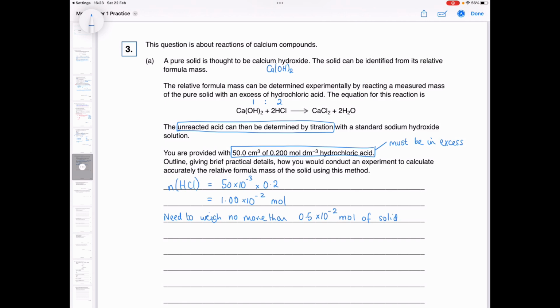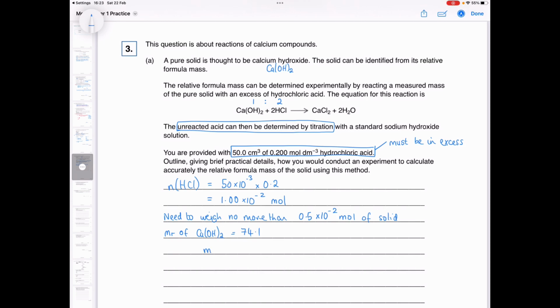Okay, and then we need to work out the mass of calcium hydroxide. So the Mr of calcium hydroxide is 40 plus 16 times 2 plus 2. So that comes to, from the periodic table, 74.1.